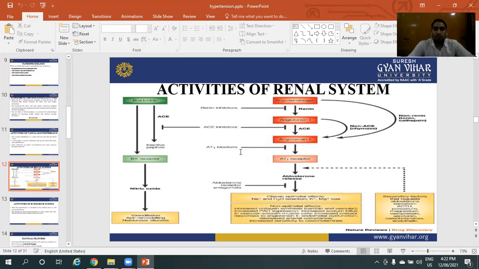AT1 blockers act on the angiotensin II to AT1 receptor step. Angiotensinogen is inhibited by renin inhibitors, and angiotensin I is inhibited by ACE inhibitors. Bradykinin stimulates receptors and nitric oxide, causing vasodilation and remodeling. These are the activities of the renal system.